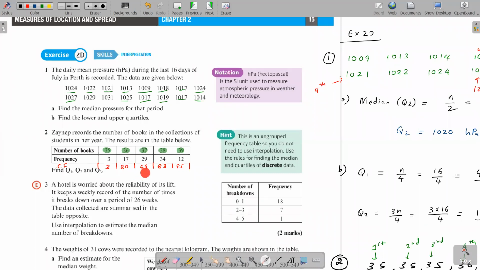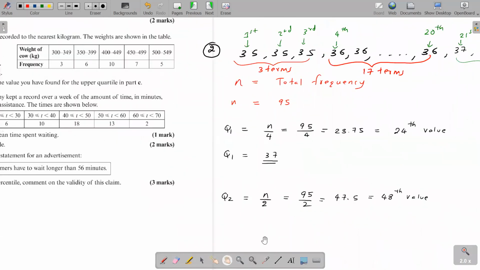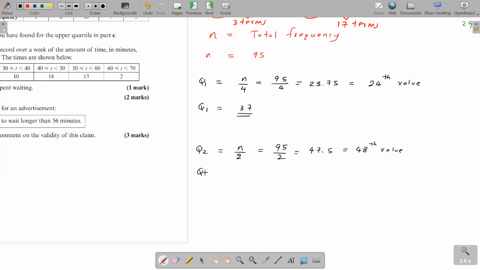Have we passed the 48th term? Yes, which means our median, our Q2 value, is 37. It's the first to pass 48 in the cumulative frequencies. So the answer for Q2 is equal to 37.